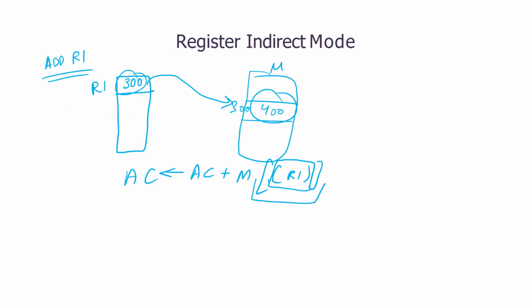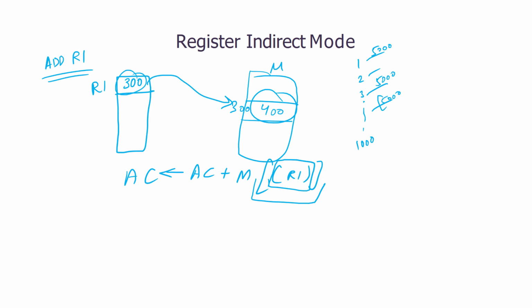So what is the advantage of the register indirect mode? When the same address is needed repetitively in the code, it is wise to store that address in some register. Now suppose there is a program of 1000 lines, and after every 5 statements, we want to use some address. Suppose address 5000 is being called every time after every 5 lines.